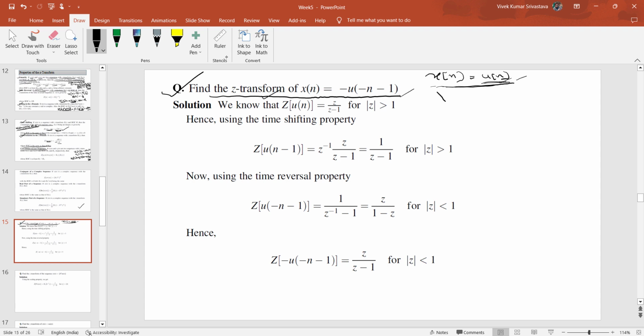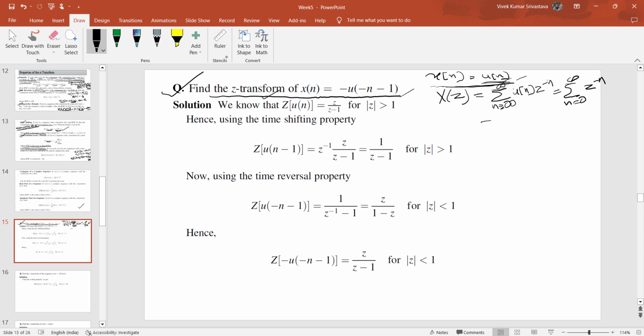As we know, the z transform of this signal is defined as the summation from minus infinity to infinity of u of n into z raised to the power minus n. Now u of n is defined from 0, 1, 2 up to infinity, so the summation range will change from 0 to infinity of z raised to the power minus n.